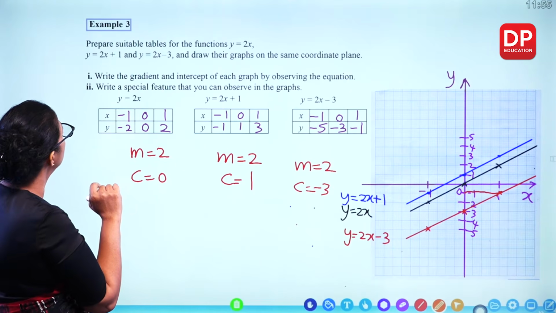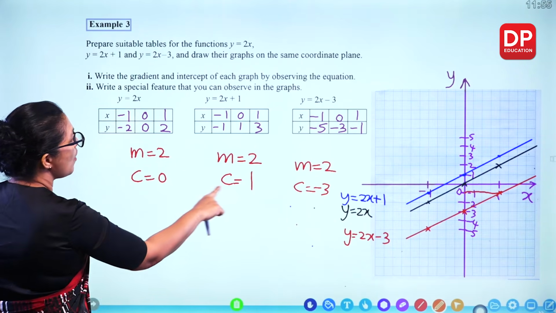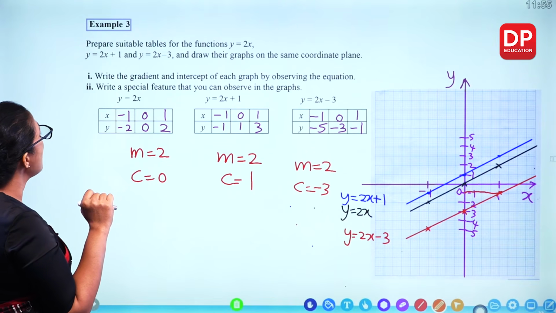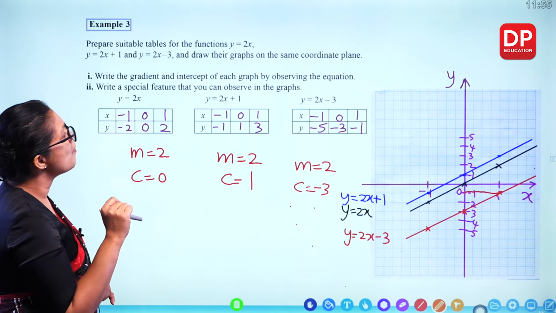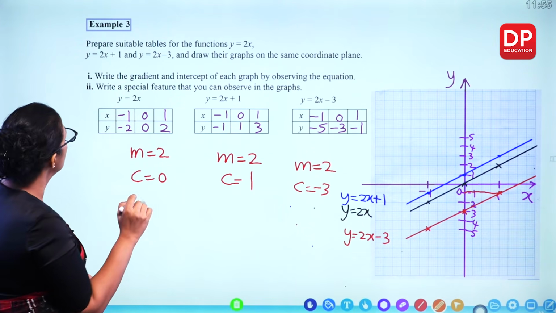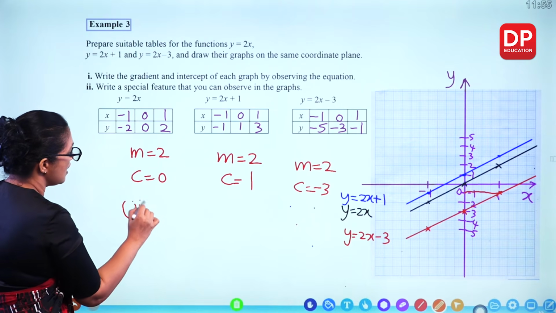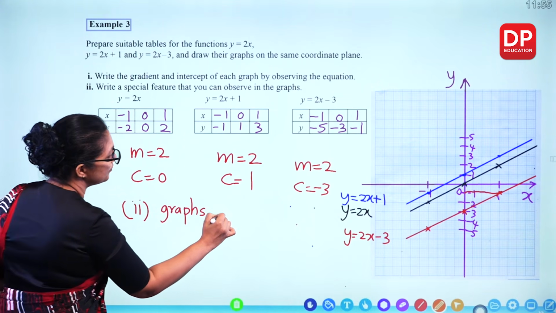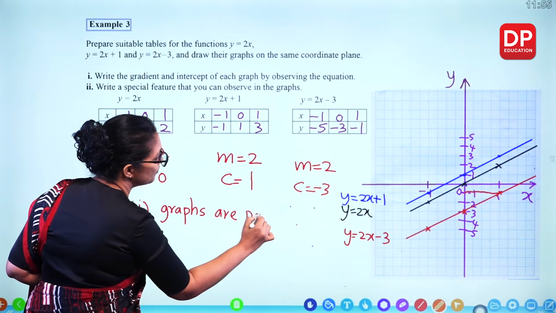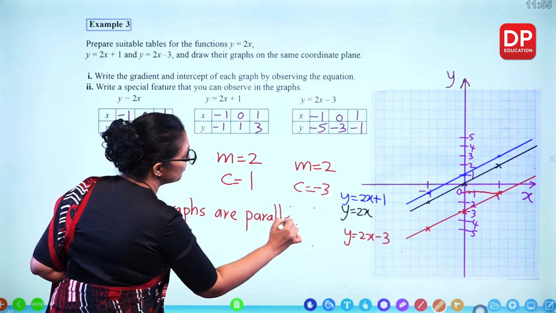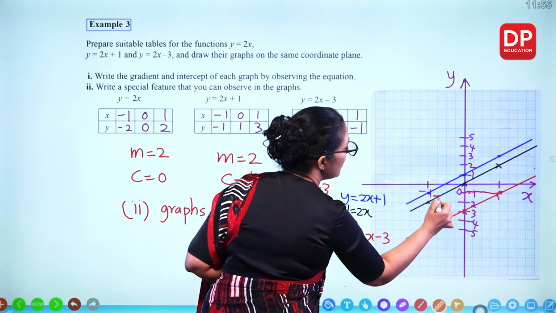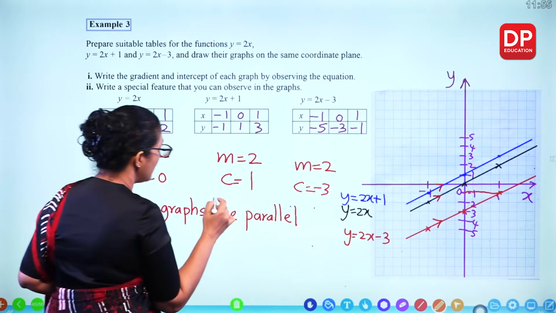Gradients are equal and y-intercepts are different. Next question, write a special feature that you can observe in the graphs. What can you say? Graphs are parallel and the gradients are equal.